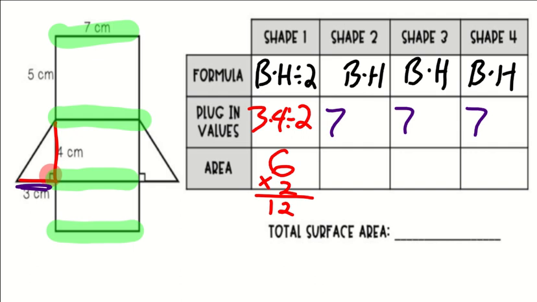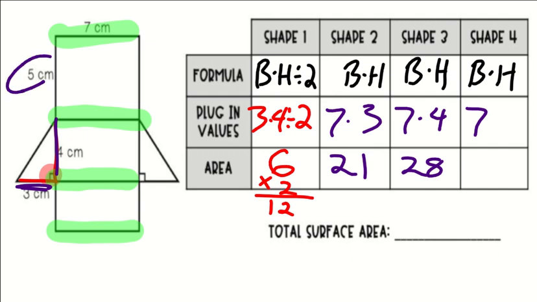The other numbers for the rectangles are the sides of the triangle. So we've got 3 here. So 7 times 3, that's 21. We've got 4 here. So 7 times 4, that's 28. You can see the 5 right here. If we folded this net up, that 5 would actually also be the third side of the triangle.